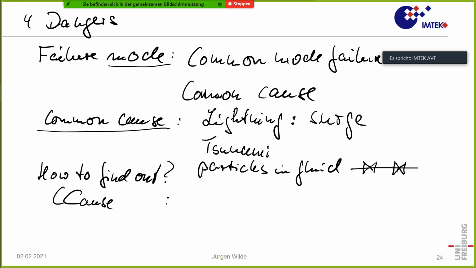So that could be a typical exam question. We have discussed common cause failures, and now I would like to know how you systematically can find out which common cause failures can be there. What would you do?